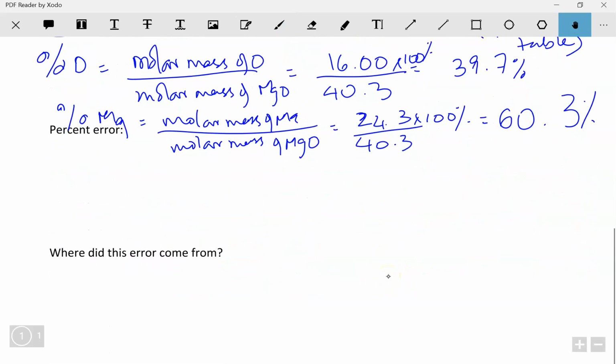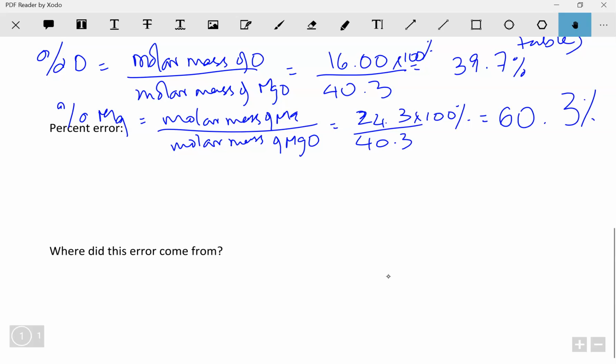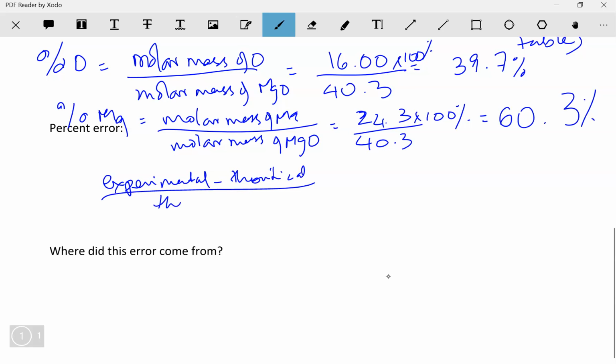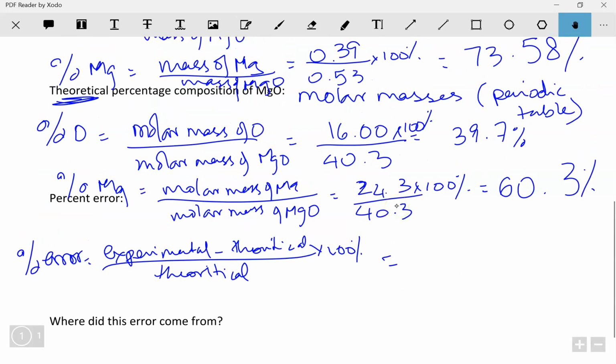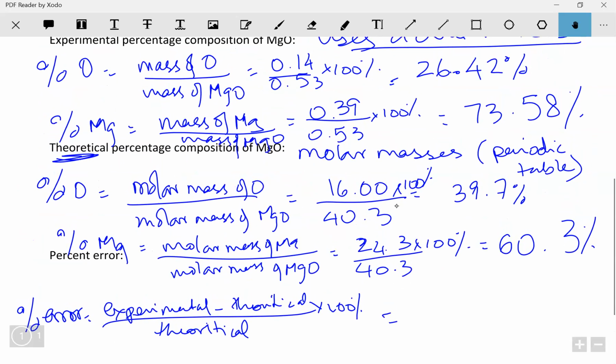And lastly, we will calculate percentage error, which is, we will use the formula in our formula sheet. It's experimental minus theoretical divided by theoretical. You could also say theoretical minus experimental, that's fine. And because we're writing a percent value, we're going to say times 100%. So experimental, we can do either oxygen or magnesium. It doesn't have to be both, but we're just going to take oxygen.